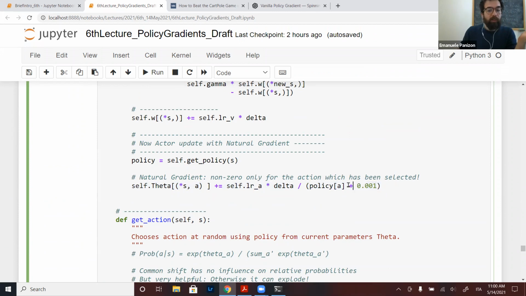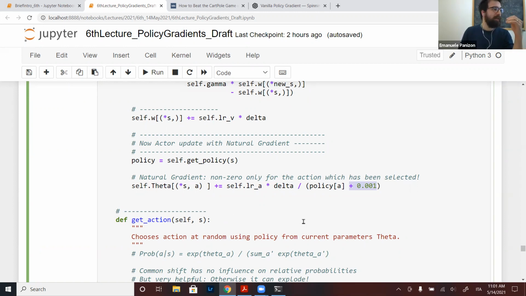A very small technical thing. Why do I have this term here? Simply because we have seen that the policy can be very close to 0, so a single update can be incredibly high. This makes the variance overwhelming in this algorithm.